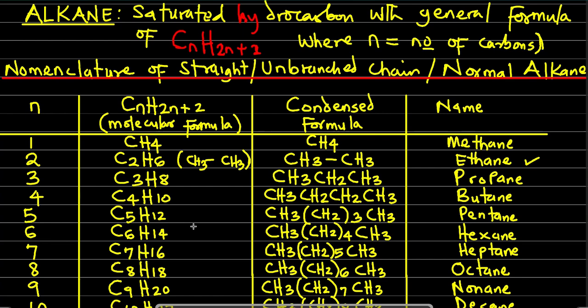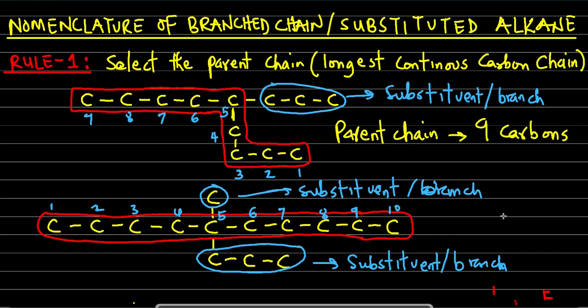The one that has 5 carbon atoms in a straight chain is pentane. This is going to form the basis upon which we understand it when it is branched. You cannot understand how to name branched chain alkanes if you do not know how to name the unbranched, and in naming the unbranched, there are no rules. It's quite straightforward and constant. So we are done seeing how we can identify the parent chain.